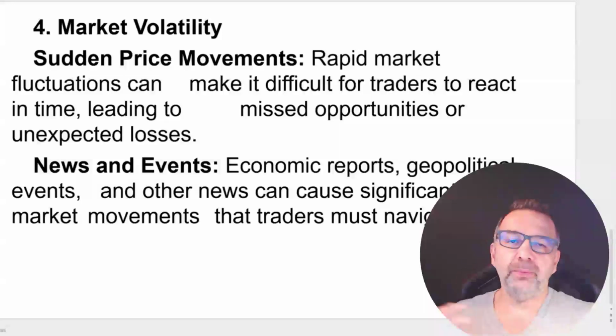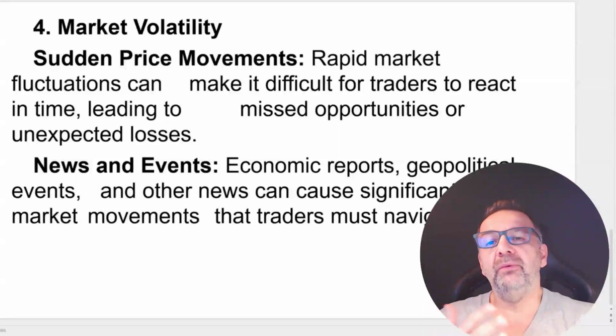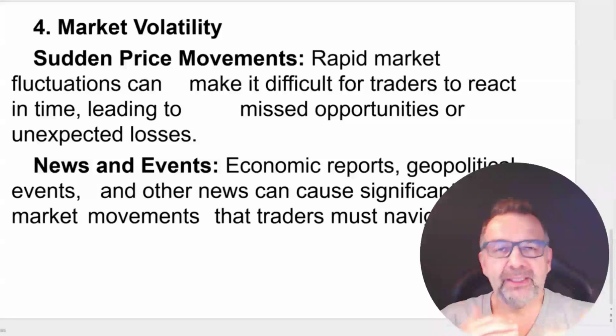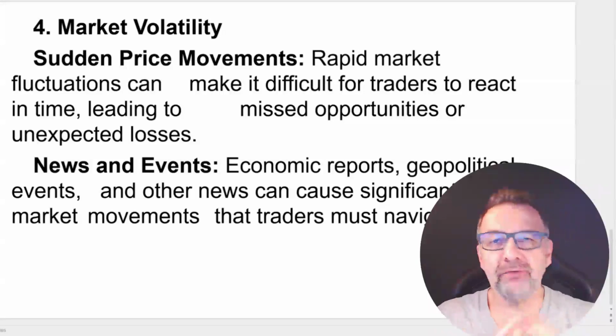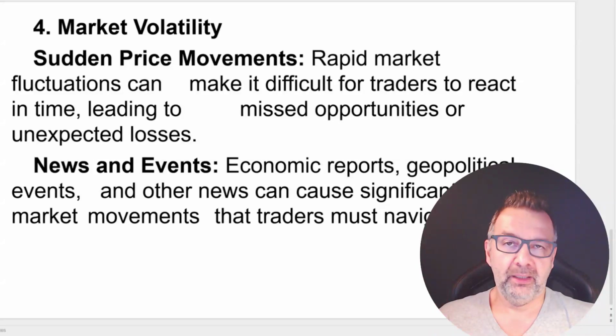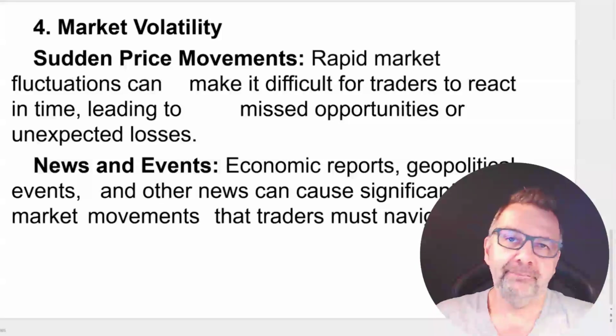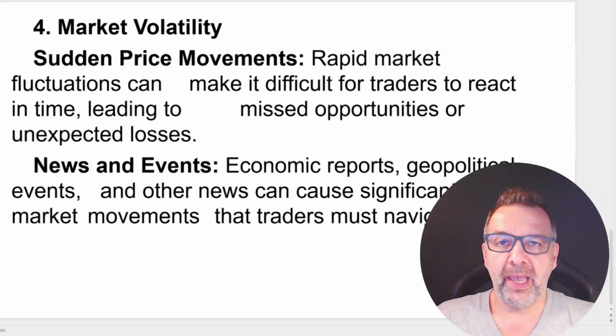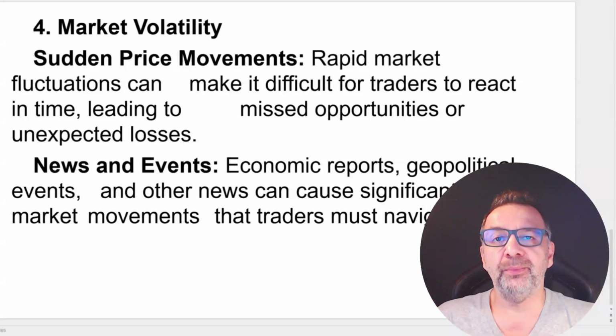So all of the problems regarding market volatility with respect to sudden price movements, news, events is just irrelevant. We can overcome all of it simply by calculating or trading on swing days, swing hours with pricing, and none of that will matter. This is time and price. So this is a problem for traders, and this is how we solve it.